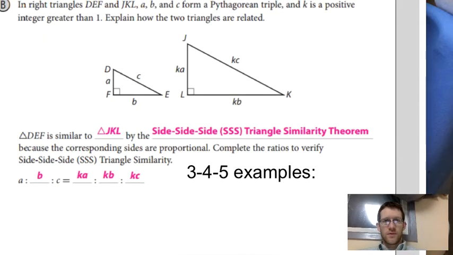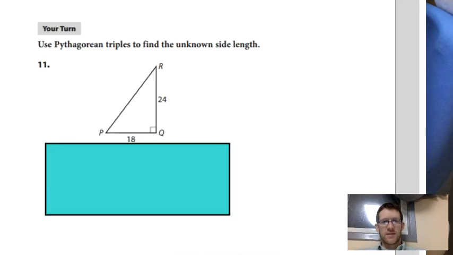And with that 3, 4, 5 triangle, it doesn't always have to be side lengths of 3, 4, and 5. It can be any scale factor version of that, right? So we can multiply each of those by 2 or by 3 or something like that. We'll look at this example real quick. This is a 3, 4, 5 triangle, but what is the scale factor?